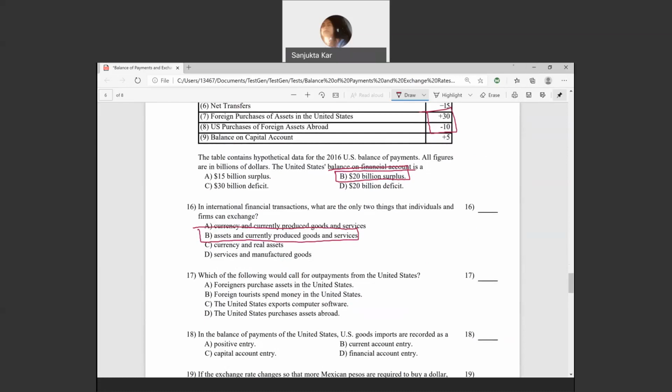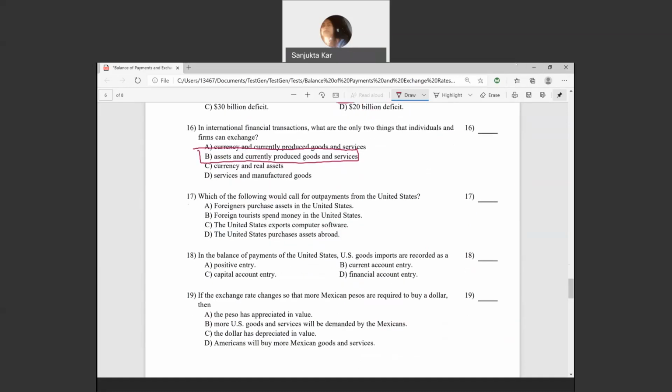Question 17. Which of the following would call for outpayments from United States? This is going to be D, the US purchases abroad. Question 18. In the balance of payments of the US, good imports are recorded as current account entry.